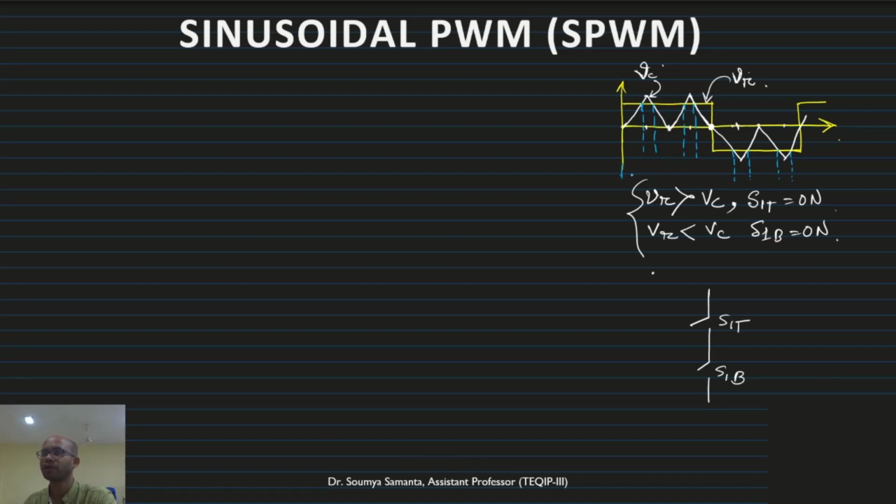So if I consider this is 0 and this is 1. So whenever this is 1, what will happen? This will be 1. Reference voltage is greater than VC, then it will be 0, then it will be 1, then it will be 0, then it will be 1, then it will be 0, then it will be 1, this way. This is 0, this is 1, this is the pulse. This is how the pulse looks like. This is called the PWM.